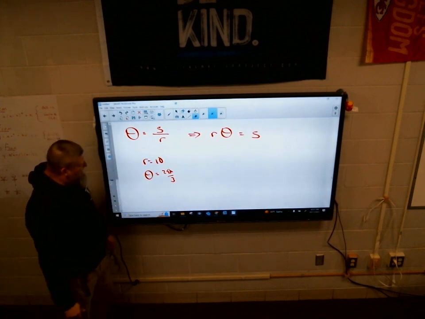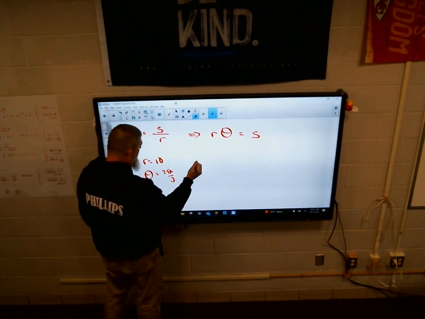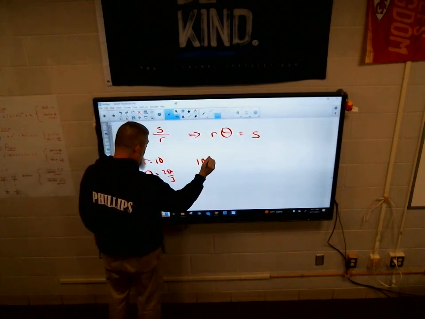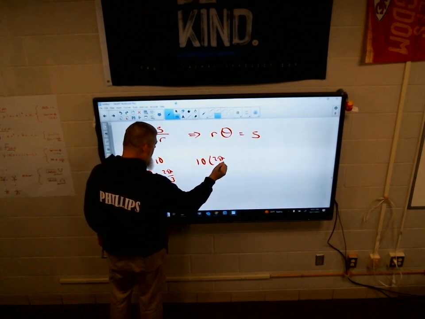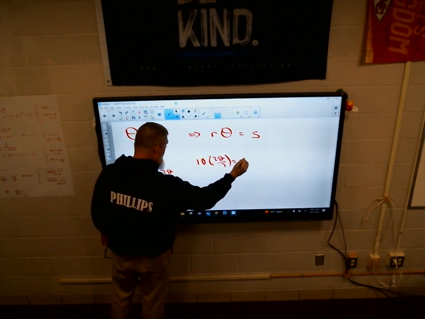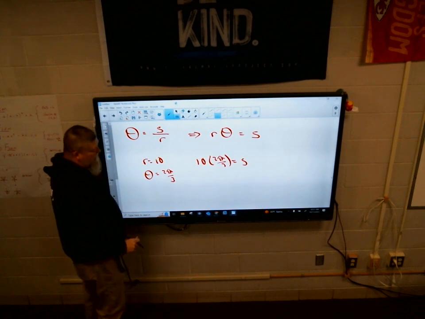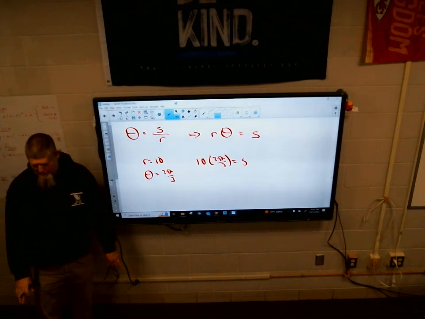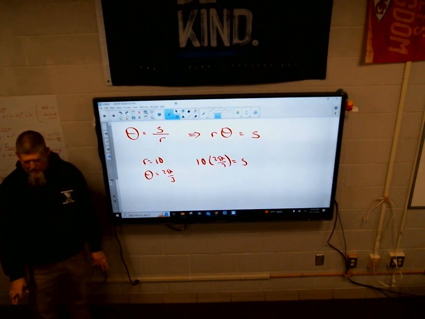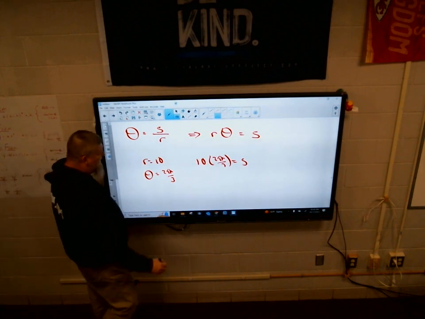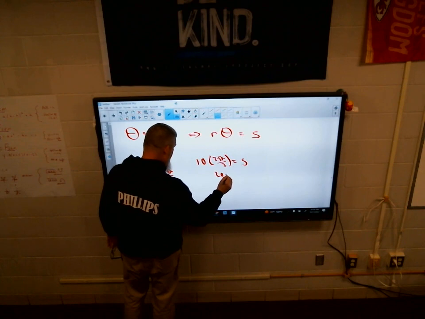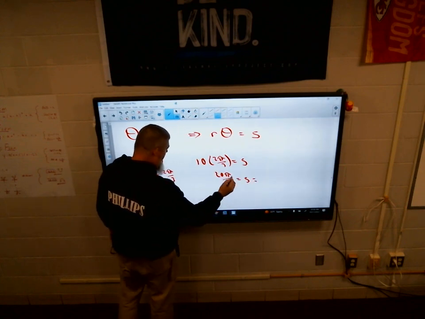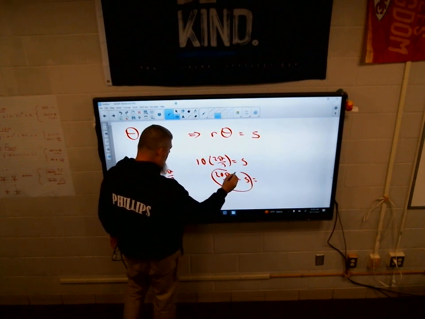If I wanted to measure the arc length of that circle, you would simply take 10 times 2 pi over 3, which gives you the arc length. Remember, I'm using it in a formula. Pi isn't 180, pi is 3.14. So you multiply and get 20 pi divided by 3 equals s. Use your calculator, or you can leave it like that.